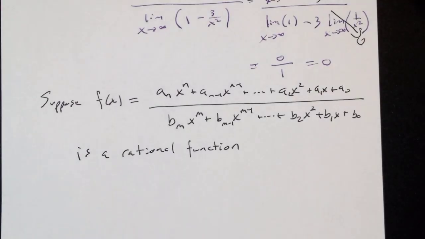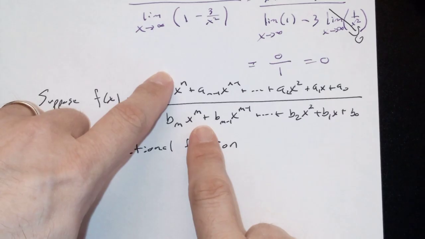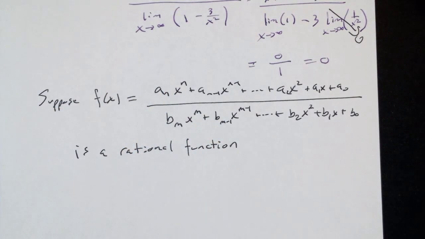I'm going to divide by 1 over x to the highest power. The highest power in this problem is one of these two. Whichever one is bigger, n or m. Maybe they're the same. Maybe we have a tie. Like g of x has a tie in it.